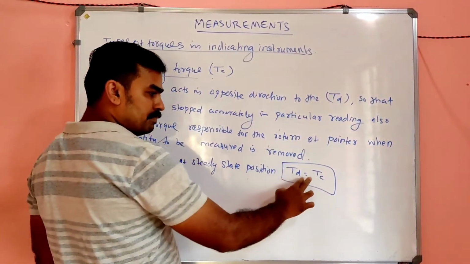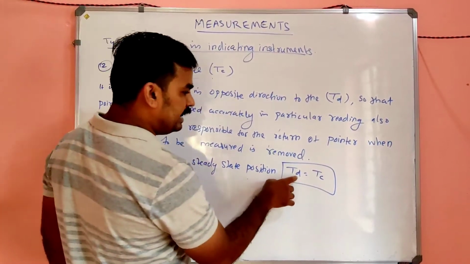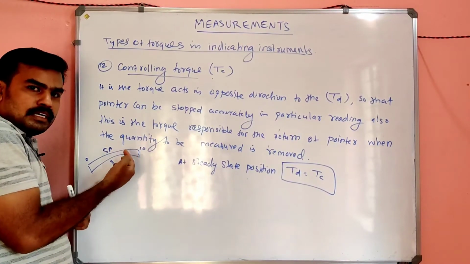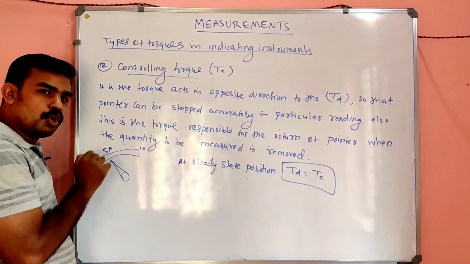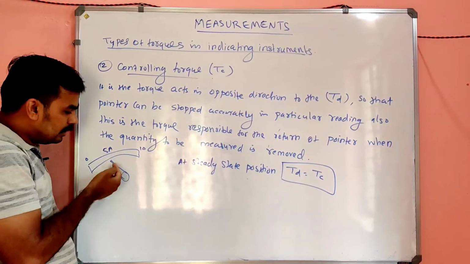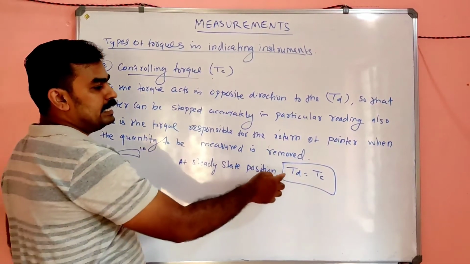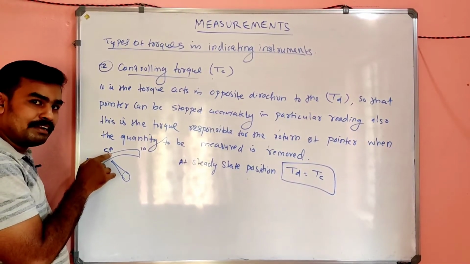If either is greater or less, what happens? Suppose TD is greater than TC, what happens? The pointer moves again. It won't stop correctly at that particular point. It may move a small distance again. Suppose TD is less than TC, it may not reach 5 ampere.